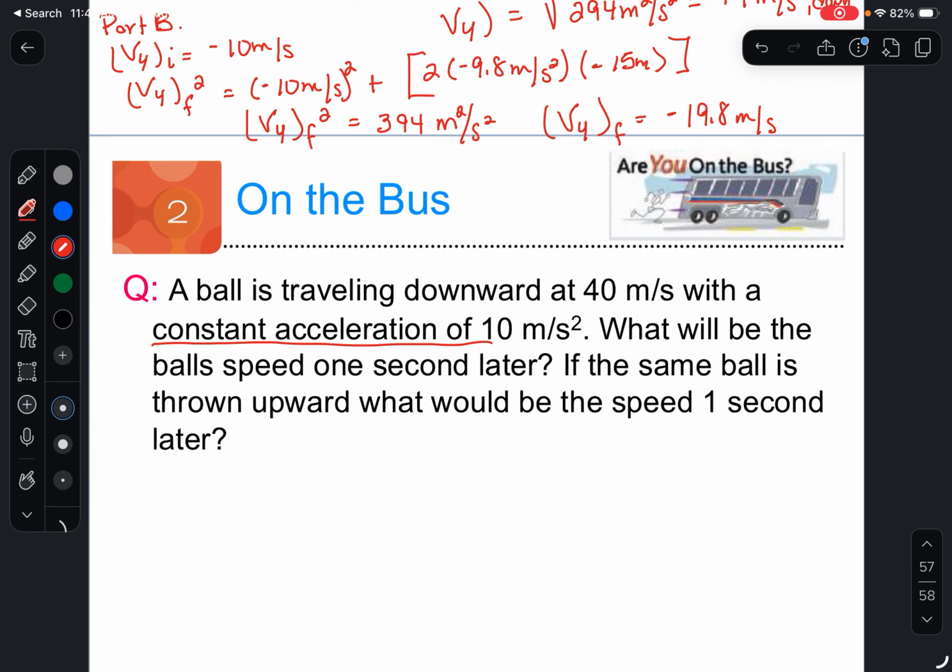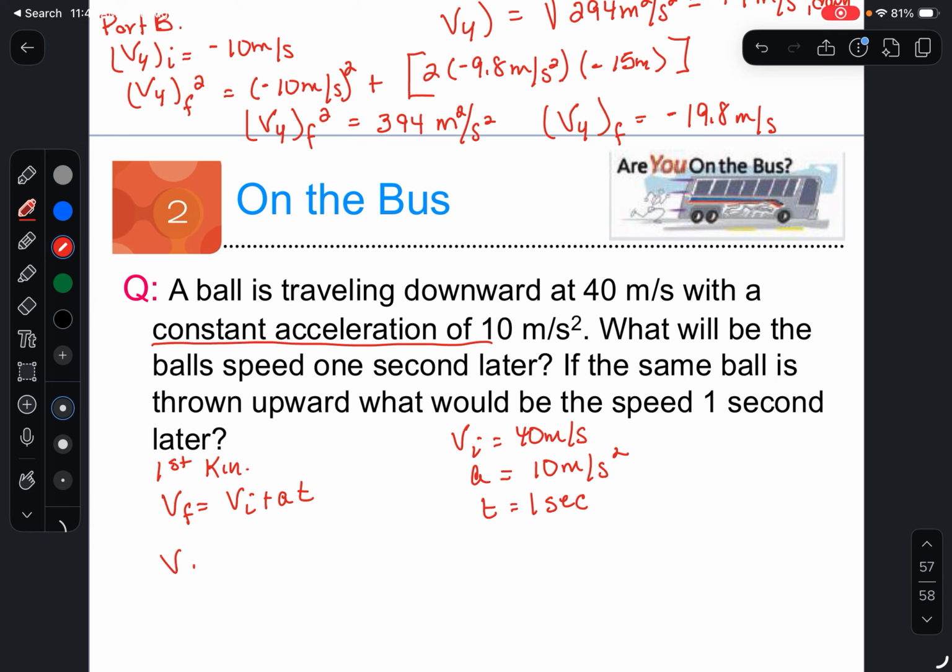So let's do the first part. Our ball is traveling downward, and in this case, we want to use our first kinematic equation. Our first kinematic equation is Vf equals Vi plus at. So we have our Vi to be 40 meters per second, our acceleration is 10 meters per second squared, and our time is 1 second.